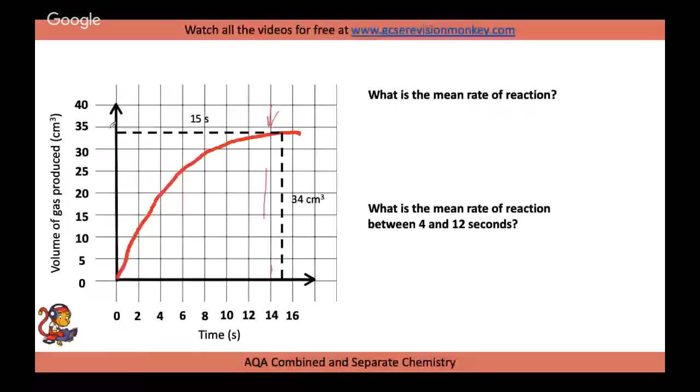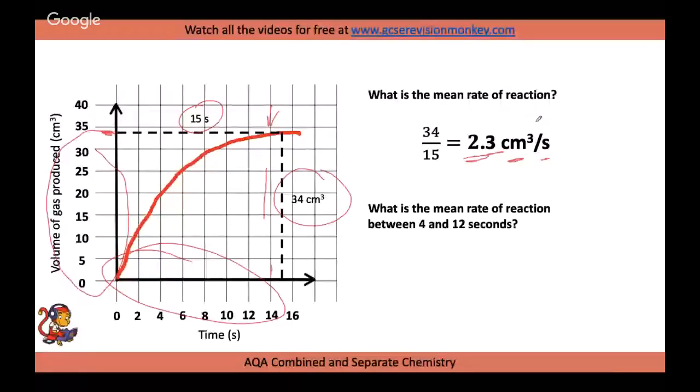This way you'll get the volume of gas produced over time to calculate your rate. So 34 centimetres cubed of gas produced over 15 seconds would give you a rate of 2.3 centimetres cubed per second. For these units, use the axes, centimetres cubed divided by seconds.